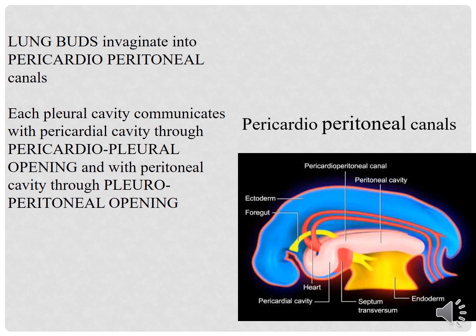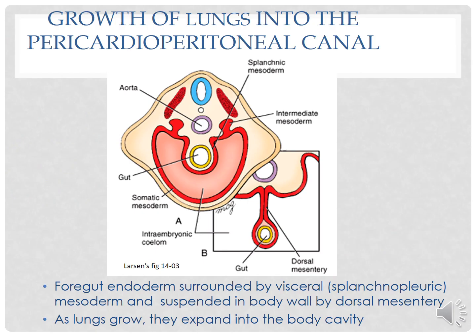So initially all these cavities are in communication with each other. In this diagram, the lung bud which develops from the foregut invaginates into the pericardio-peritoneal canal, and subsequently as the lungs grow, the body wall and the thoracic cavity also increase in size.